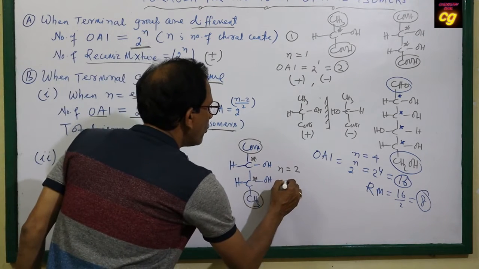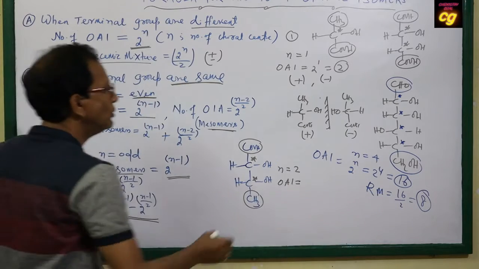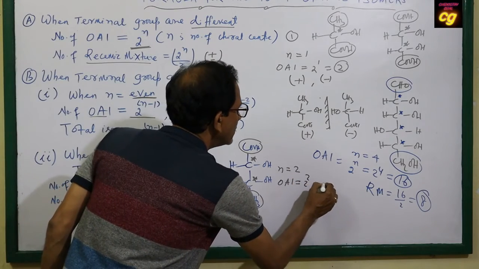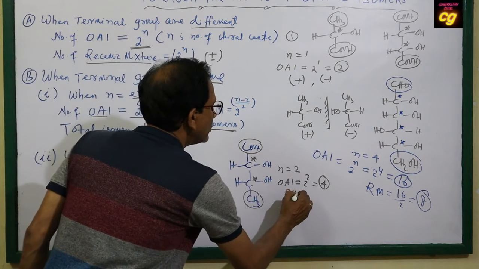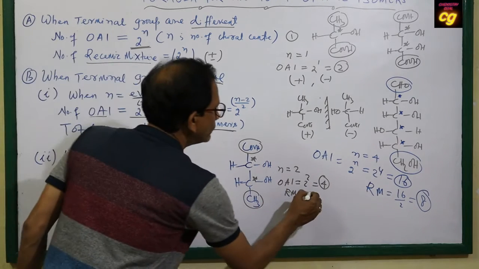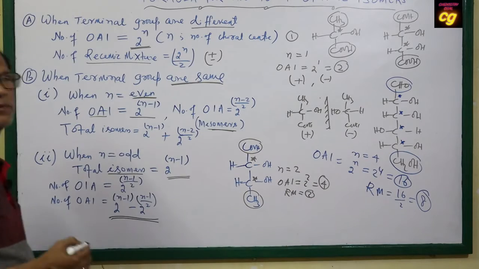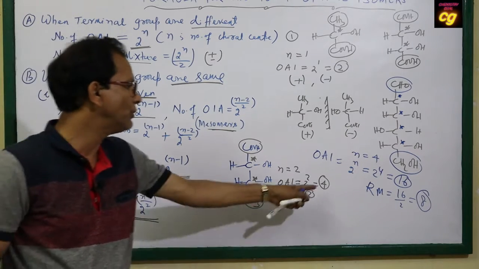So OAI, the number of optically active isomers, will be 2^2, that is 4. And how many racemic mixtures? The racemic mixture will be 2. So the number of racemic mixtures will be 2 and the number of optically active isomers will be 4.